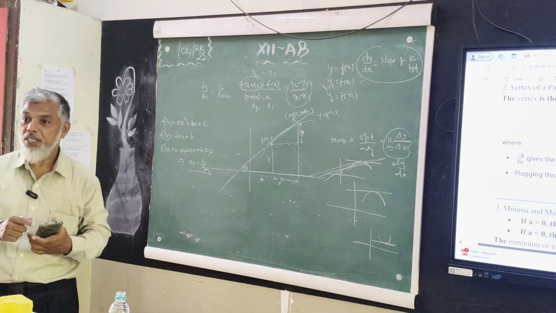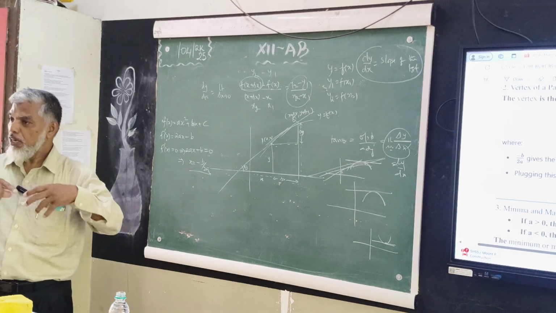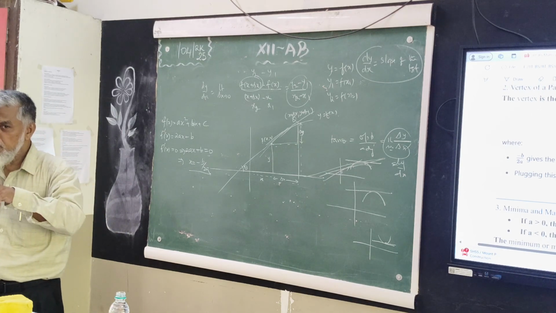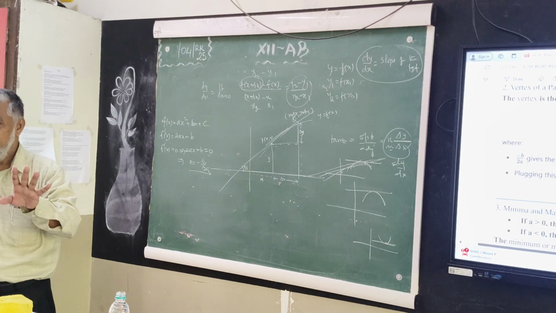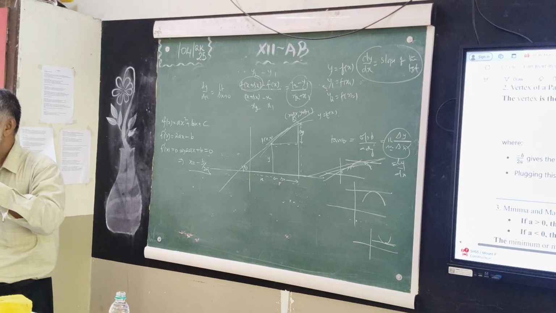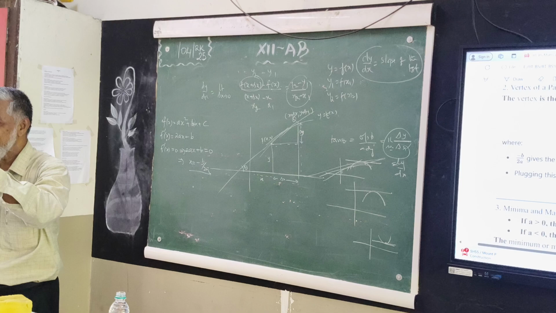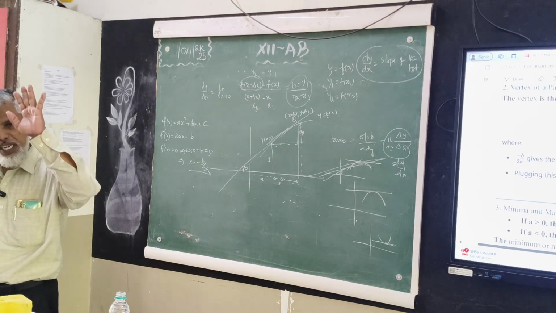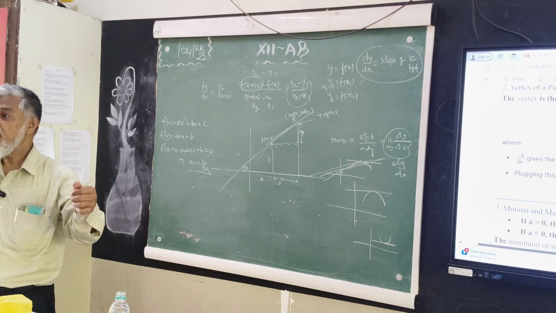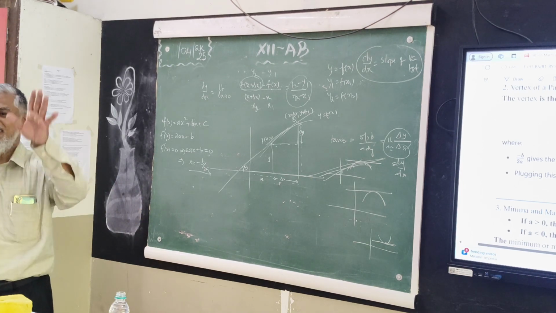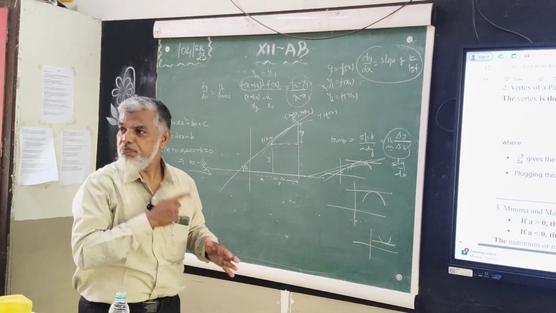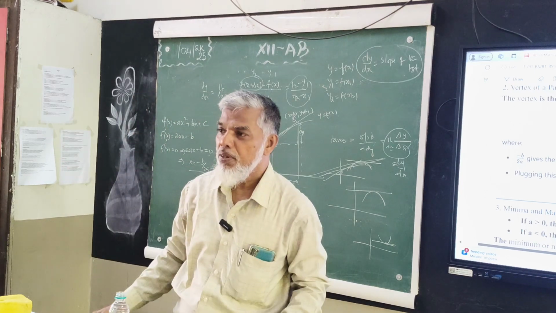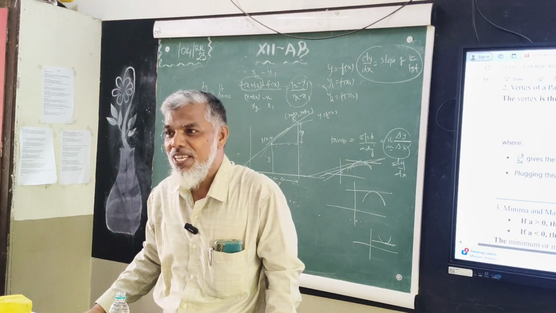Now I ask a question. For a parabola, minimum, maximum exist. Where? At the vertex. If it is a parabola, minimum, maximum definitely exist. If it is a line, will we have a maximum or minimum?